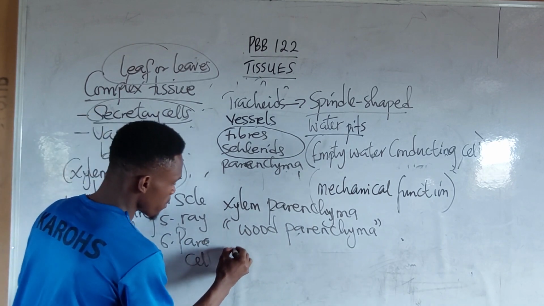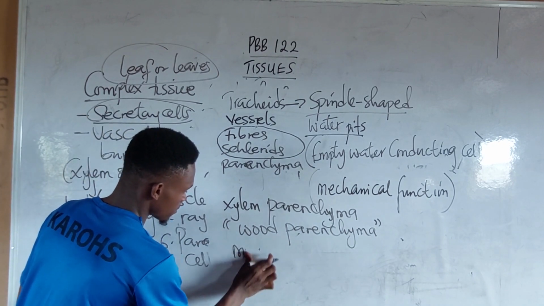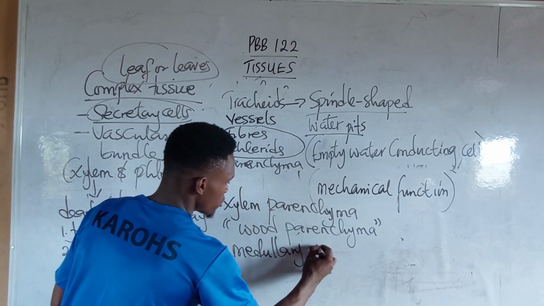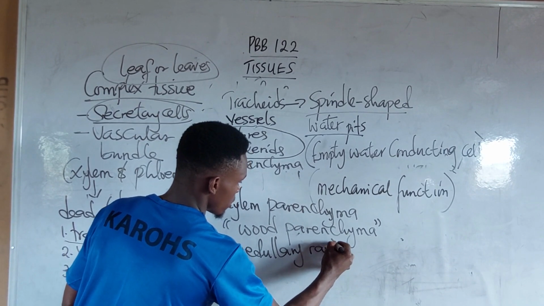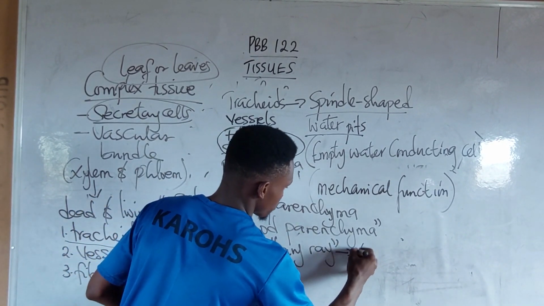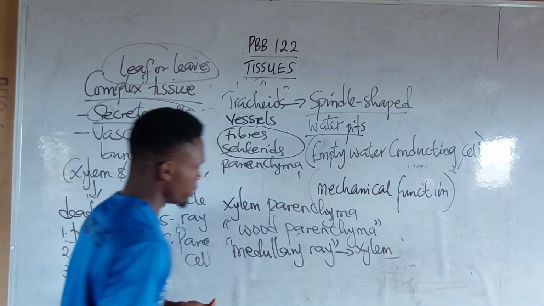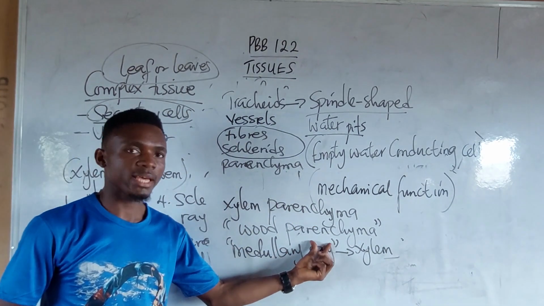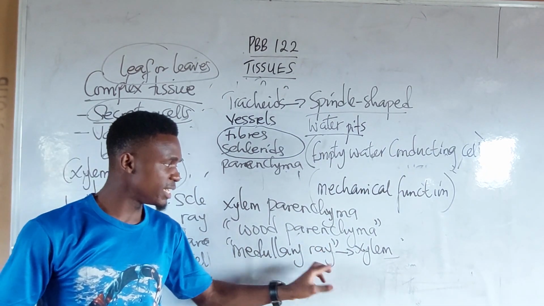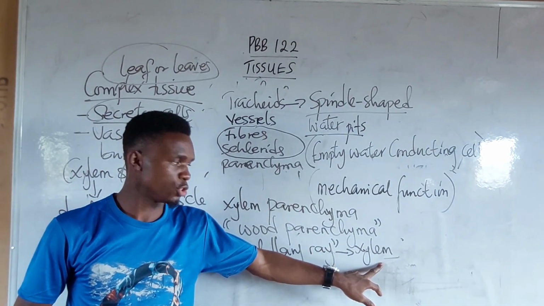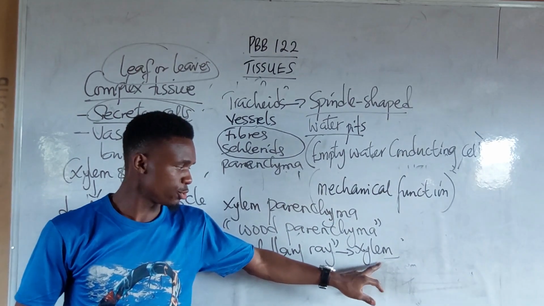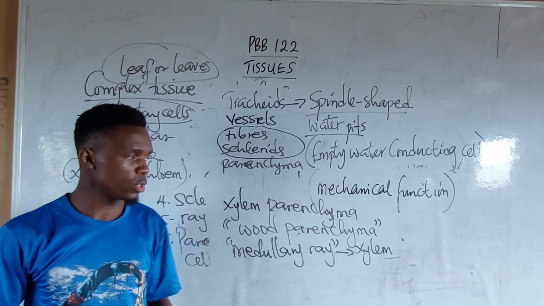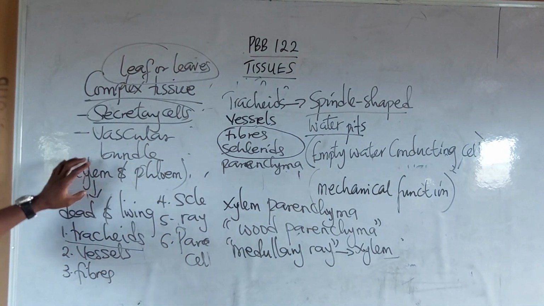And it is called medullary rays or medullary ray in the xylem tissue. Now, what do they do? They assist in the storage of food molecules. So that is all about the xylem.